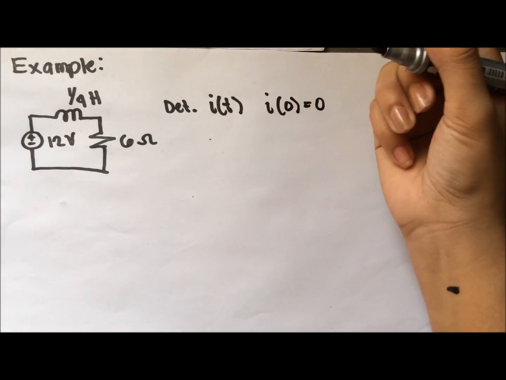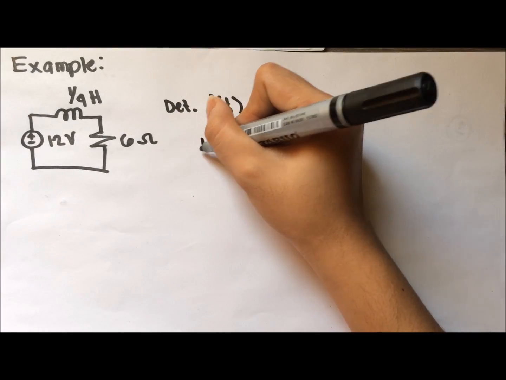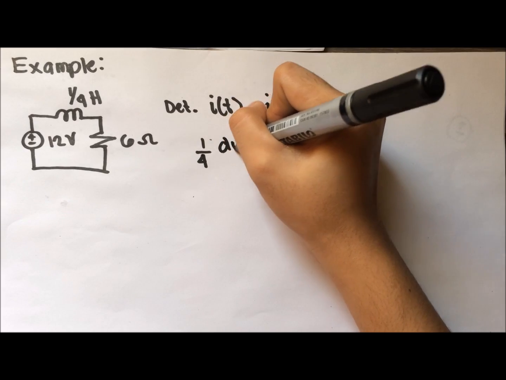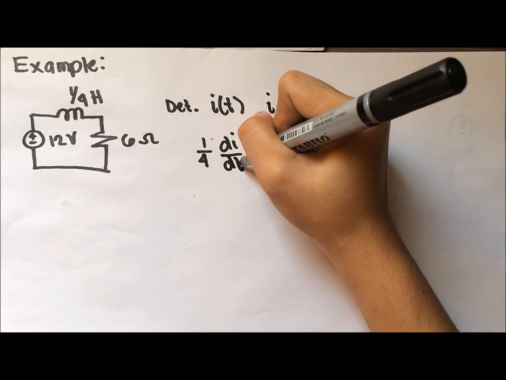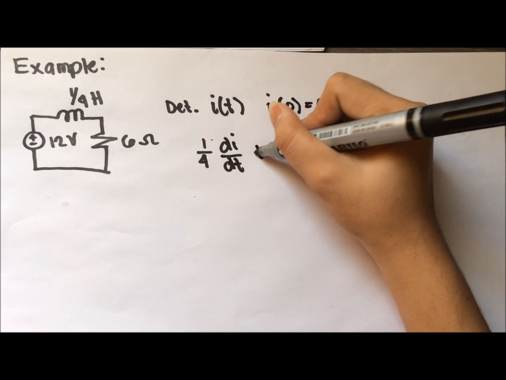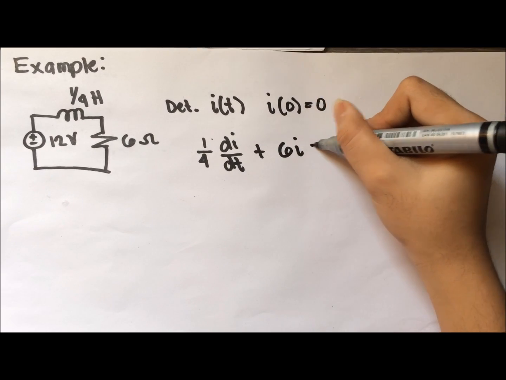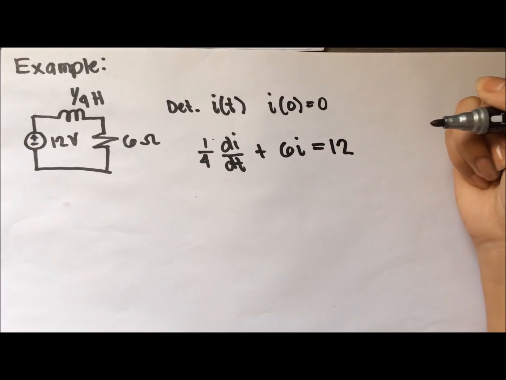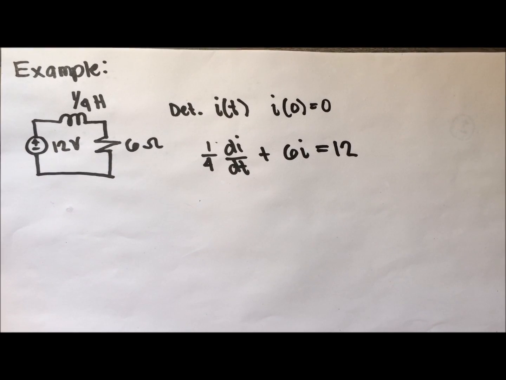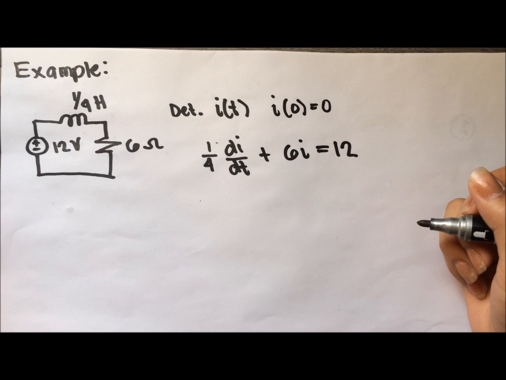So we have the differential equation 1/4 di/dt plus 6 times i, which is equal to 12. So we have a linear first order differential equation.